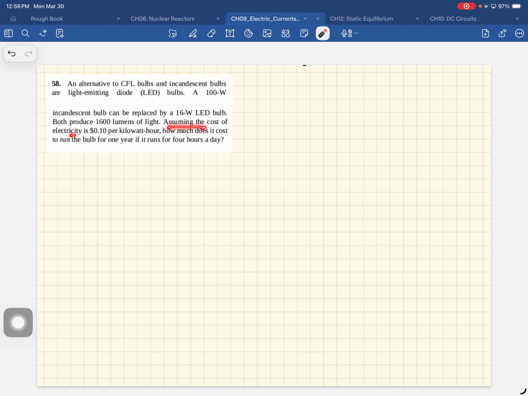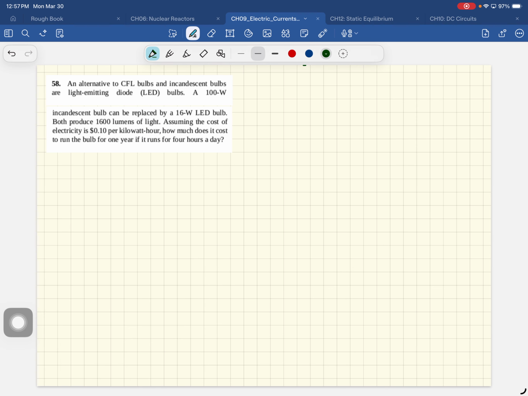Assuming the cost of electricity is 10 cents per kilowatt hour, how much does it cost to run the bulb for 1 year if it runs for 4 hours a day? The wattage here is electrical wattage. So cost is, a kilowatt hour is a unit of energy.